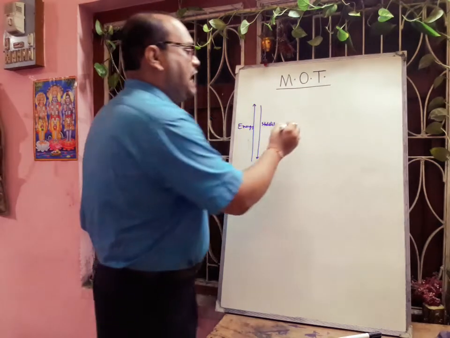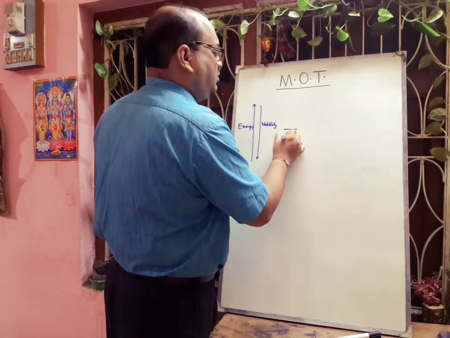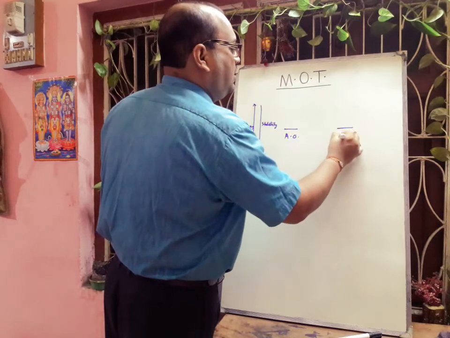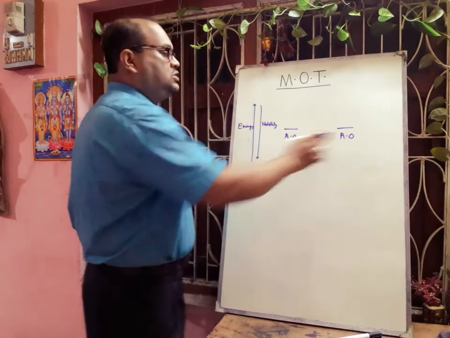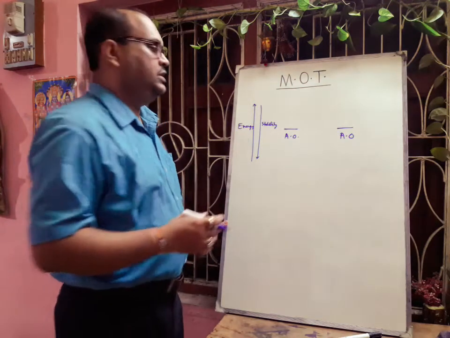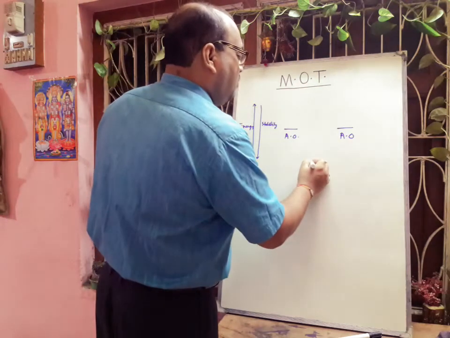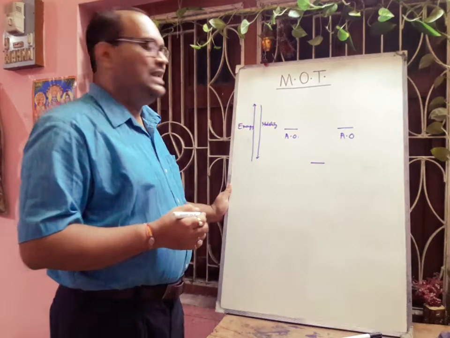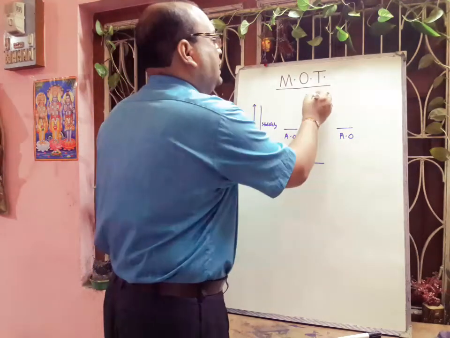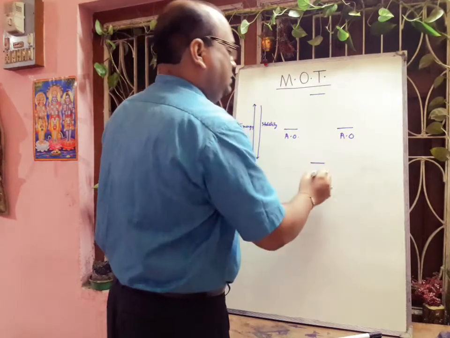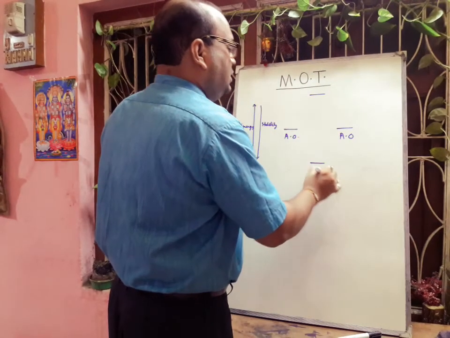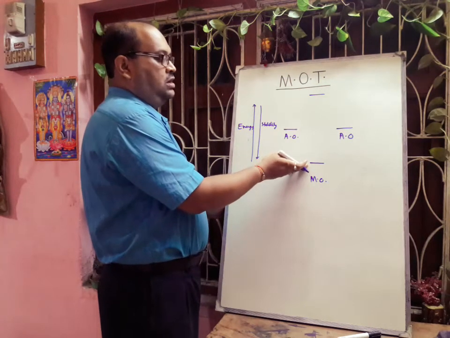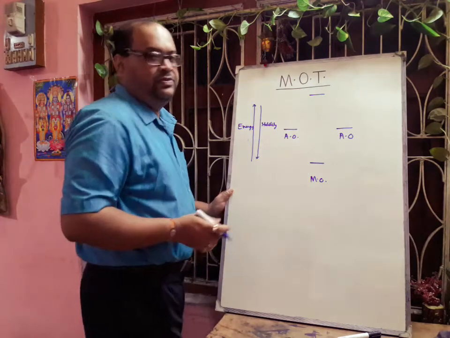Now if we draw the atomic orbital, suppose this one is one atomic orbital, AO means atomic orbital, another atomic orbital of same energy. When these two atomic orbitals combine, one orbital will be formed, that is called the molecular orbital at the lower energy level, and another molecular orbital will be formed at higher energy level. So here energy is low and upper energy is high.